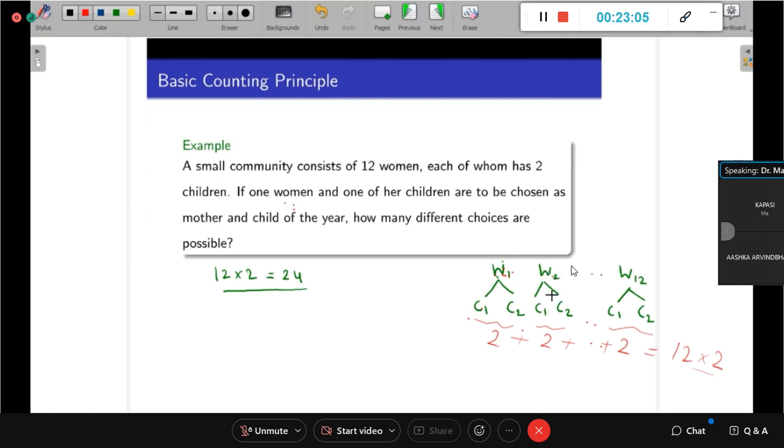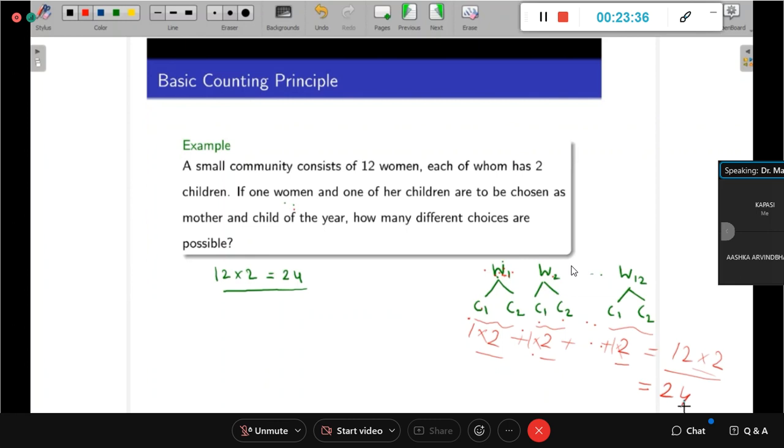Similarly W2, either with C1 or C2, and so on. So the total number of cases is 1 into 2, plus 1 into 2, and so on, plus 1 into 2, so total 12 cases. This is why here is a sum rule, so that's going to be 24.